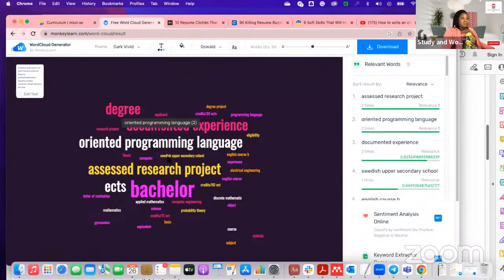So if some of these important keywords are not inside your CV, and it also applies to your motivational letter, then it's just going to be rejected. You get what I mean? So that's one of the ways you can use to find the kind of keywords that should be inside your CV. It also applies for motivational letters and so on.